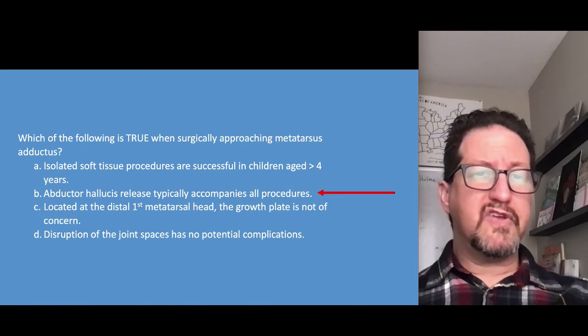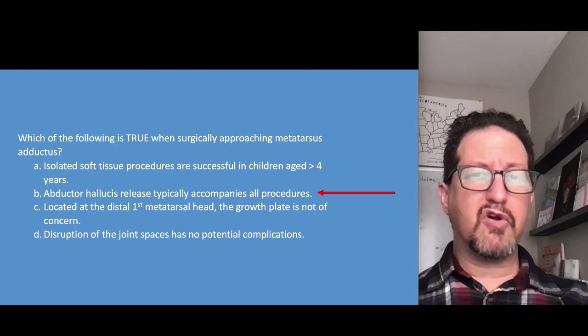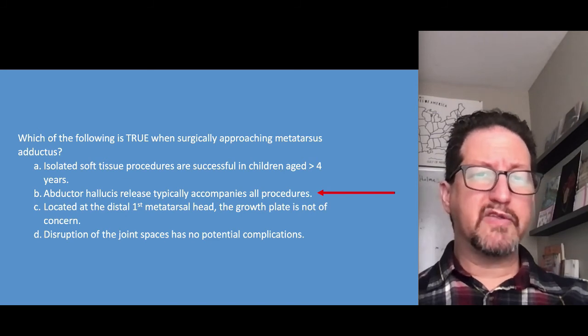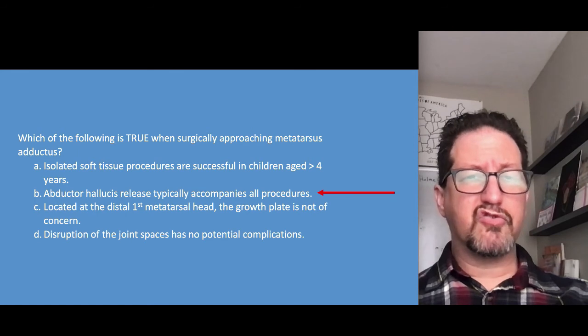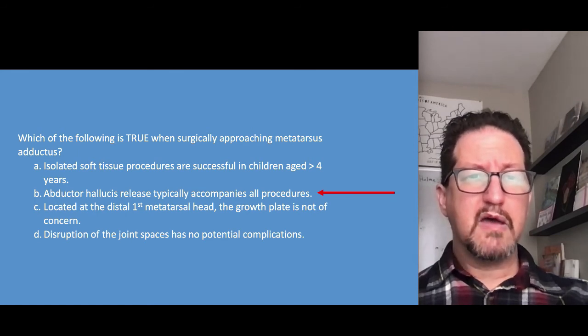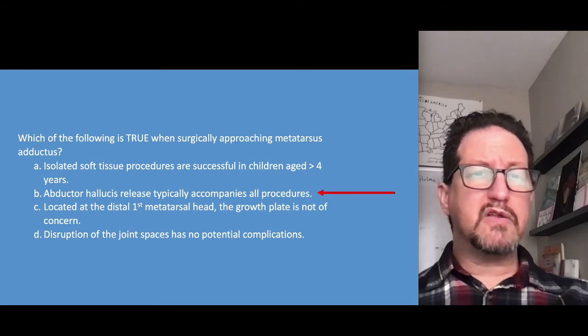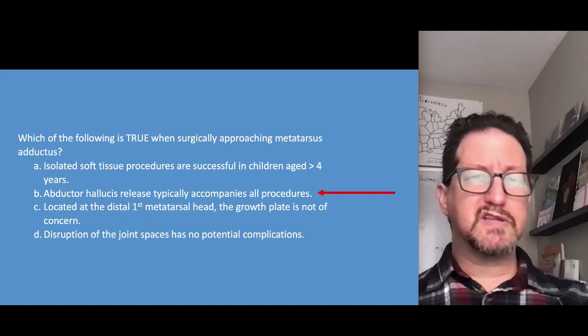Okay, so the C, just to show whether or not it's true: located at the distal first metatarsal head, the growth plate is not of concern. Well, there's really no point in doing any metatarsus adductus surgery at the distal first metatarsal head because it wouldn't accomplish anything. And then finally, disruption of the joint spaces has no potential complications. Well, that's not true.